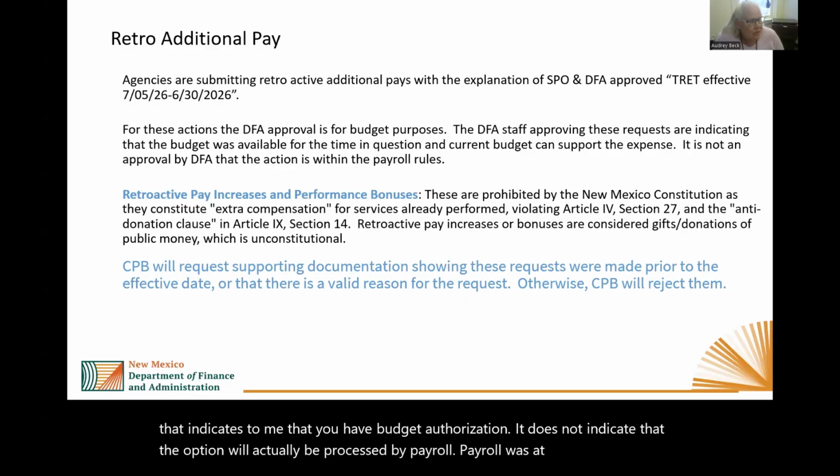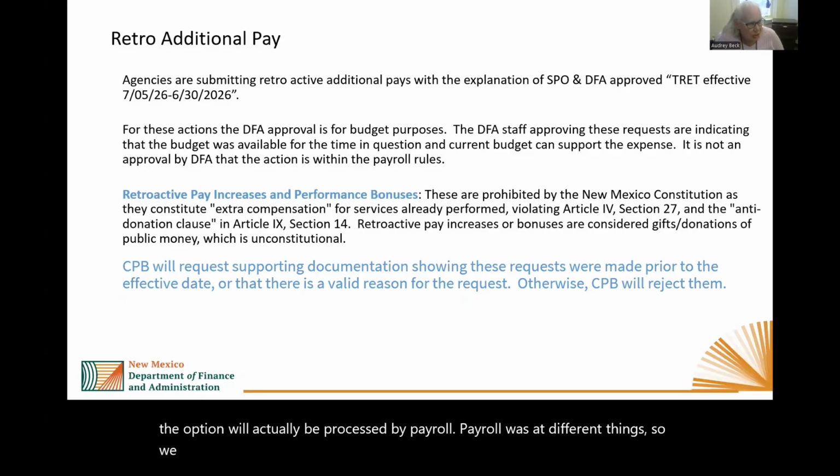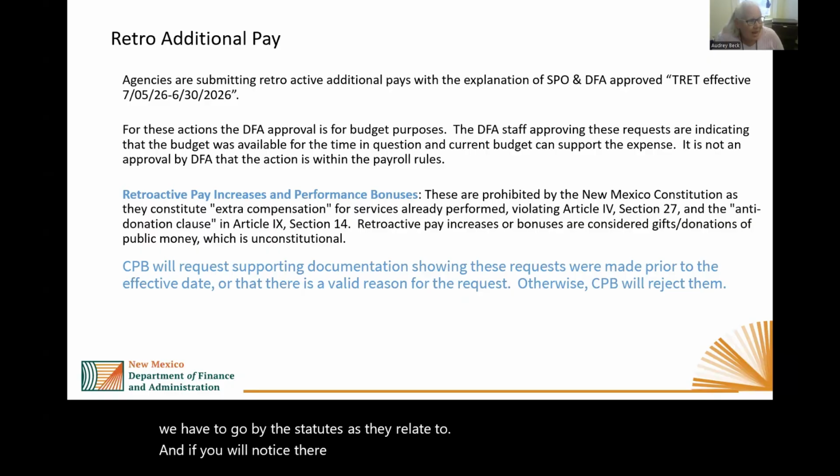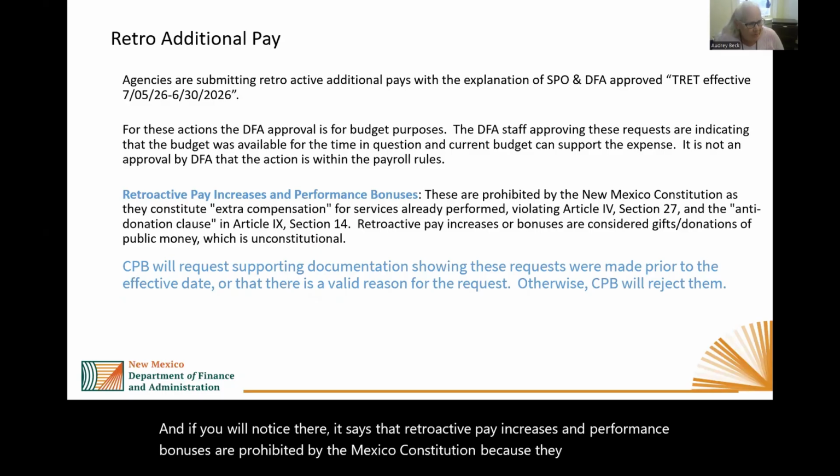So we have to go by the statutes as they relate to retroactive pay. If you will notice there, it says that retroactive pay increases and performance bonuses are prohibited by the New Mexico Constitution because they actually constitute extra compensation for services already performed.